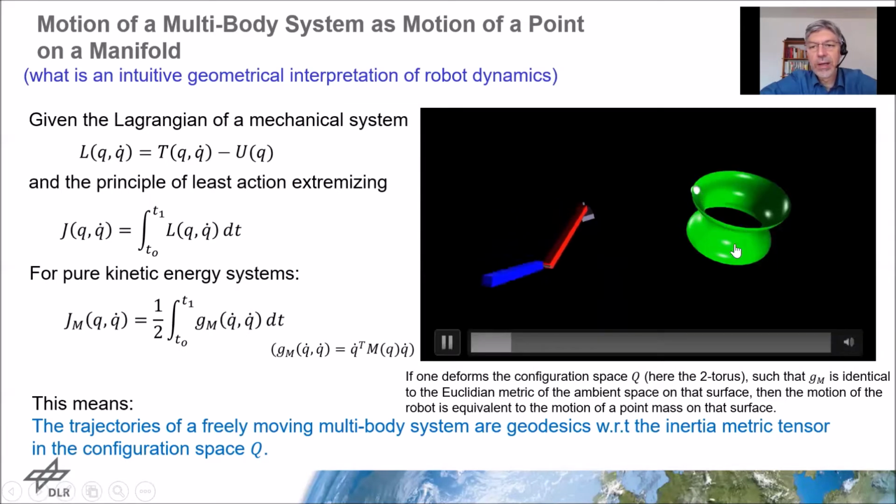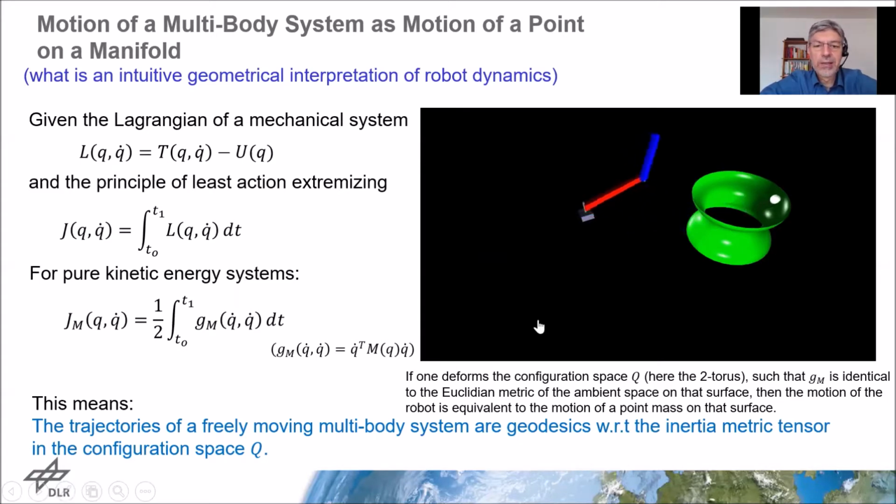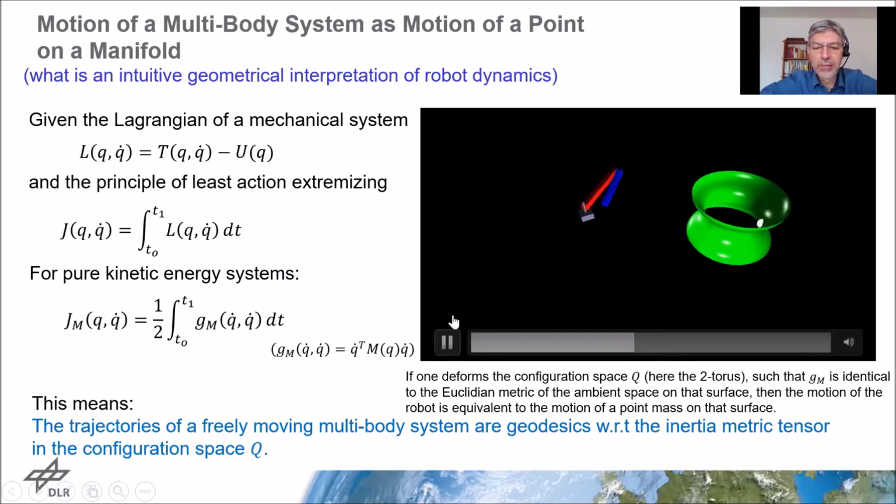This is what I have done here. I sliced up the torus, and this video shows that there's a one-to-one relationship between the dynamics of a double pendulum and the dynamics of a pure point mass moving on an appropriate Riemannian manifold, which is characterized by the inertia tensor, asymmetric.